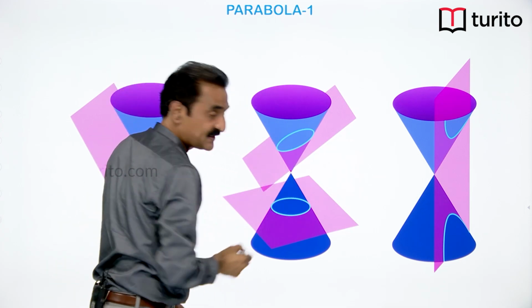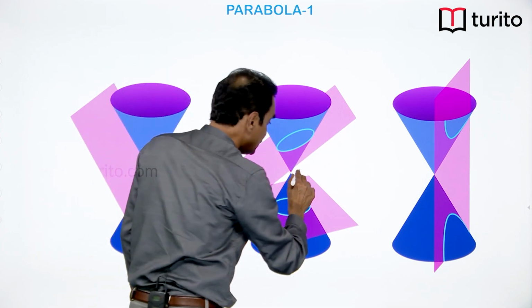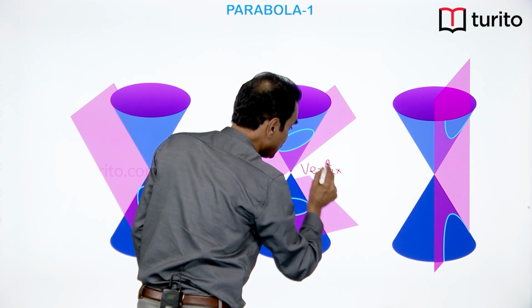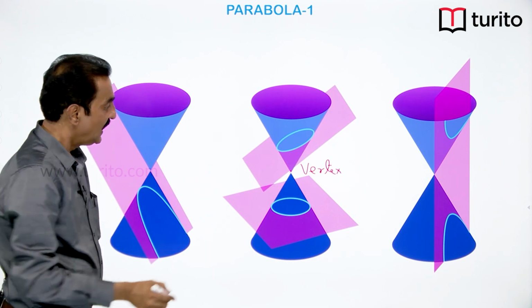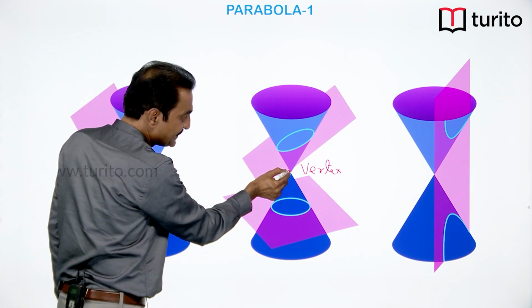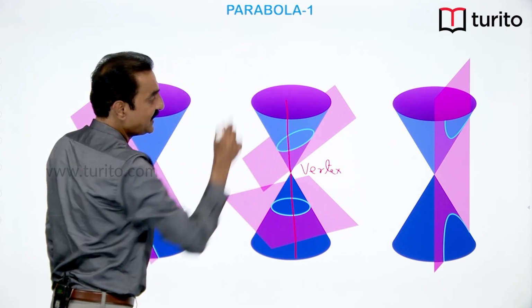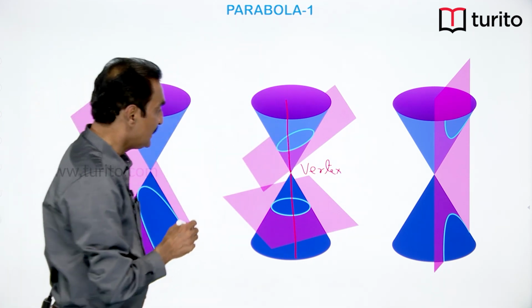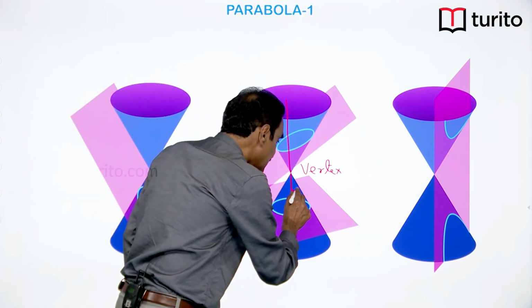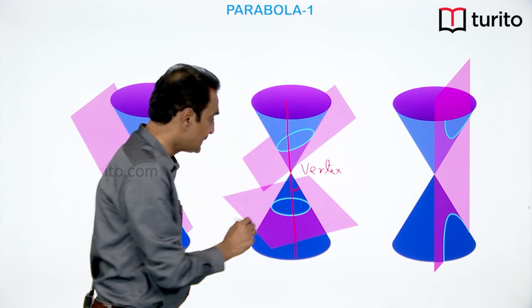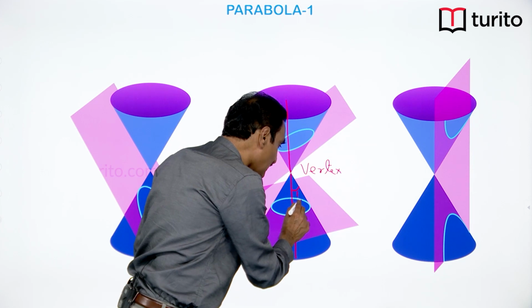This is called the vertex of the two cones, and the line through the vertex perpendicular to the base is called the axis of the cone. Now this angle between this generator and the axis is the vertex angle or angle of the cone.